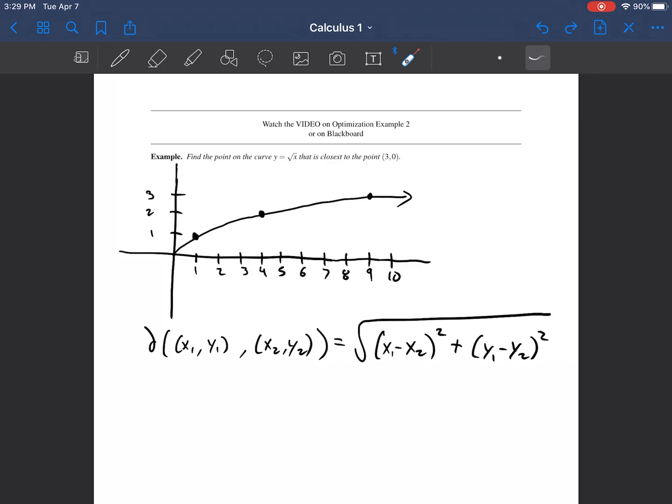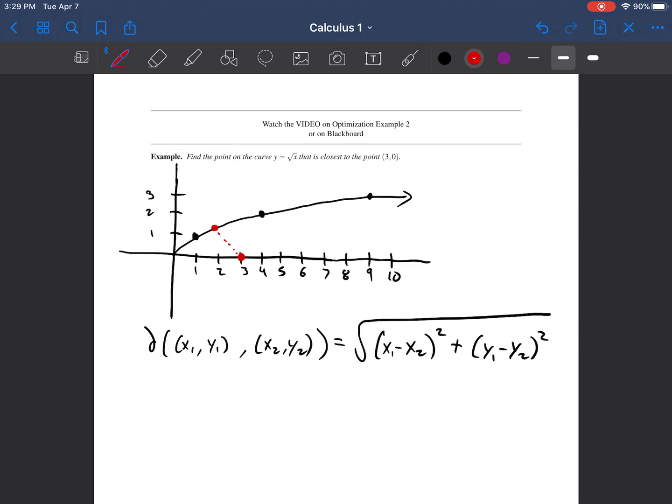So this problem is asking, what is the point on the graph of y equals root x that is closest to the point (3, 0)? The point (3, 0) is right here, over 3, up 0. Which point on the curve makes the distance from that point to (3, 0) the smallest?